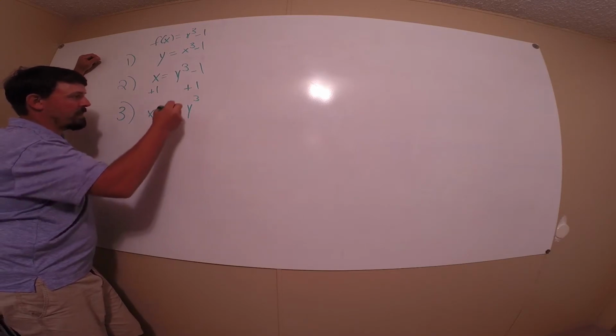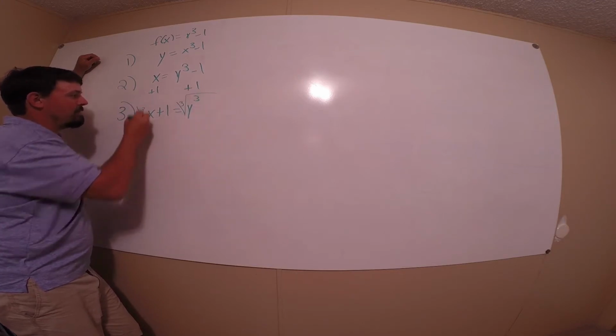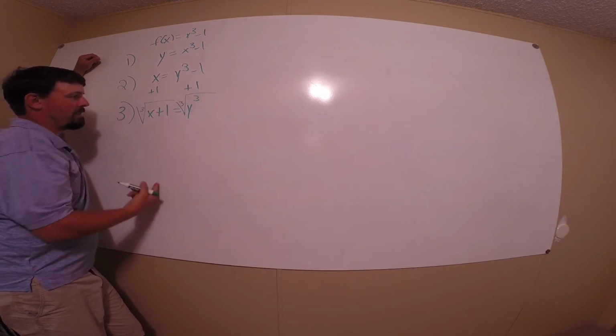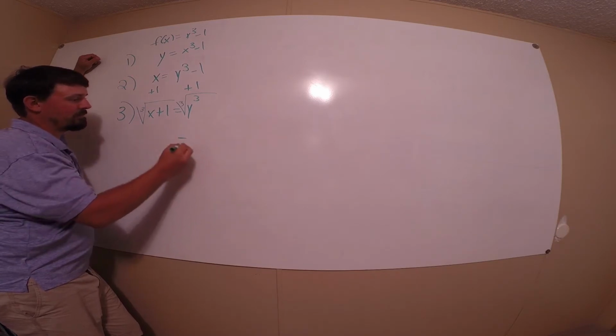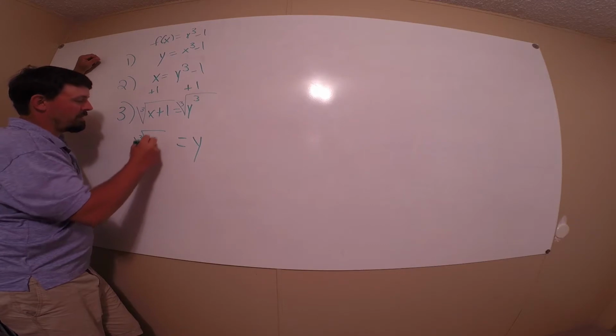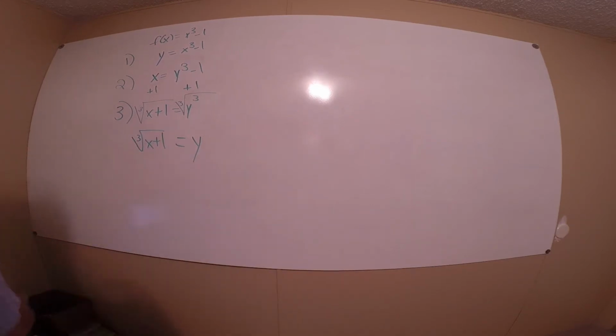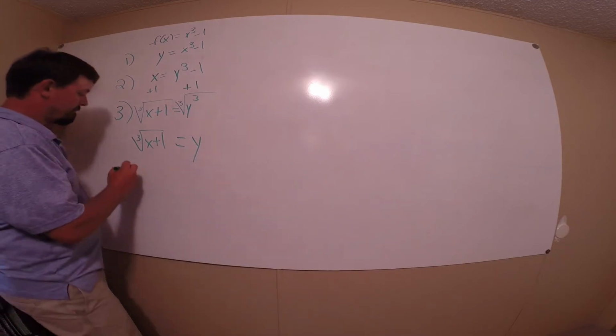So I take the cube root here, to get rid of that cube, take the cube root here, then I should be able to get y by itself. So I get y equals the cube root of x plus 1. Okay? Step 4 says replace the y with f inverse of x.